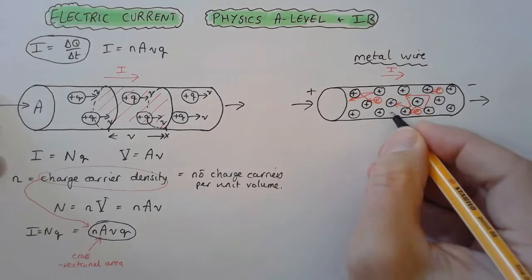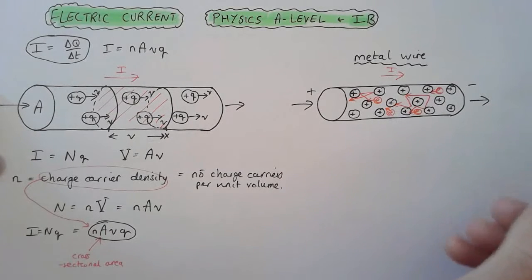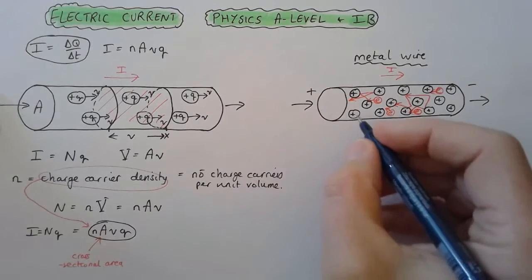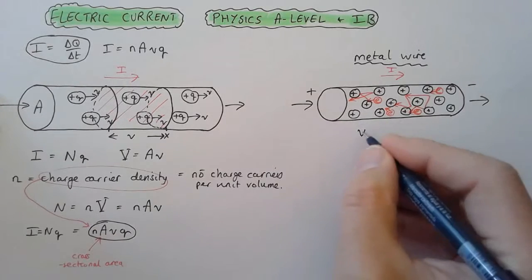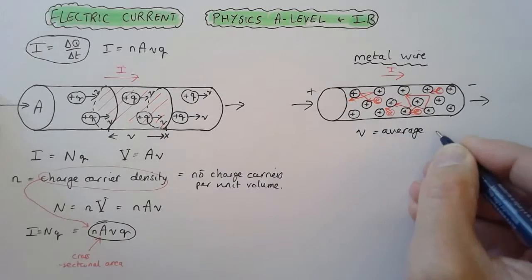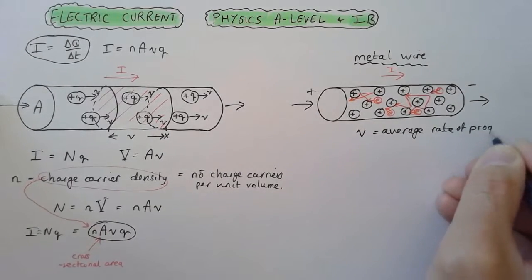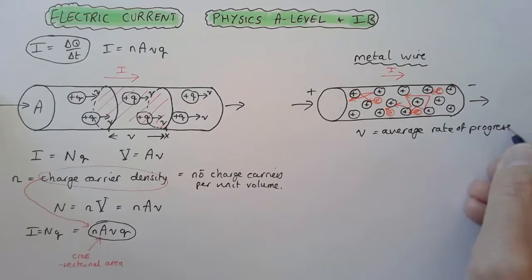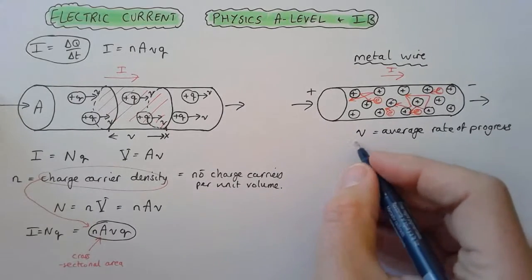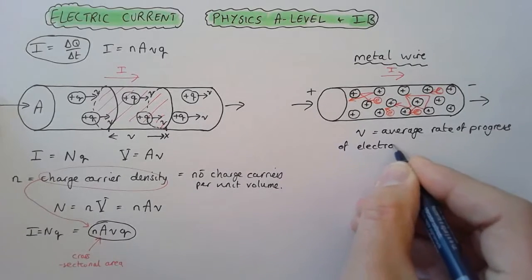So at any one given time, the electrons are going to be moving in any particular direction. So we have to redefine v in this case as the average rate of progression of the electrons. So v, small v, is the average rate of progression, average velocity, of the electrons from right to left, or down the wire.